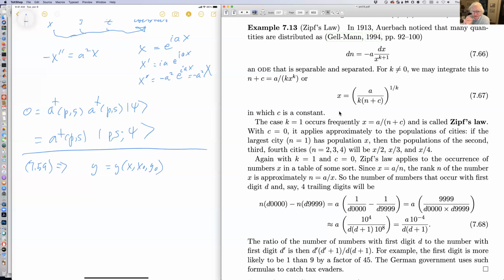And we can go further and just set c equal to 0. So let me just go to that particular case and maybe change colors. In that case, if we have k equal to 1, then x is equal to a over n plus c. And this is called Zipf's law.